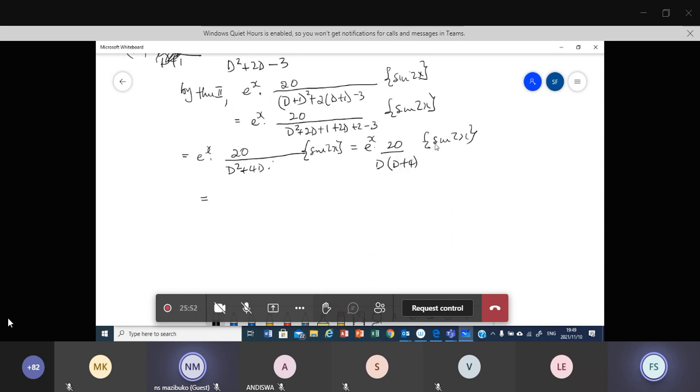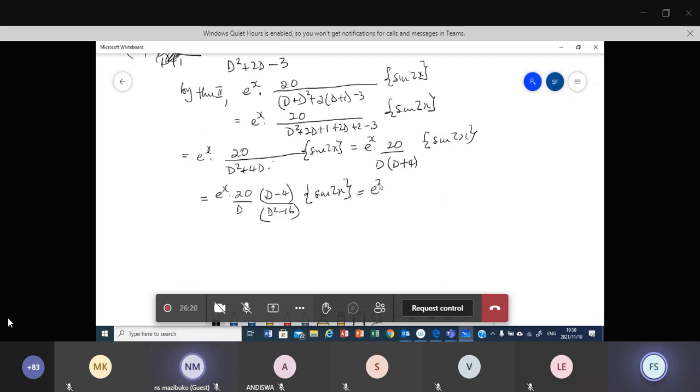Because we have got a trig function here, we are not going to expand it. We use Theorem 3, but now this has to be squared. We rationalize. It's e to the power x, 20 over D times D minus 4 over D squared minus 16, acting on sine 2x.